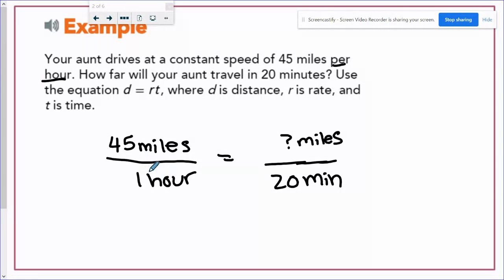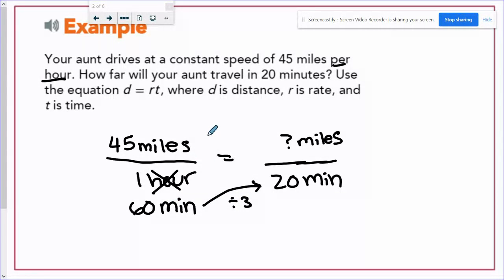The first thing I need to do here is change out this 1 hour to say 60 minutes, because we cannot have hours and minutes. We have to change them both to the same thing. Now I've created a situation where I can go from 60 minutes to 20 minutes by dividing by 3.